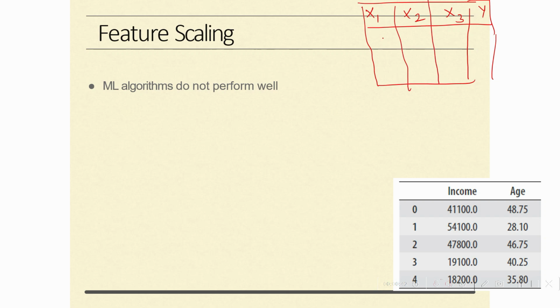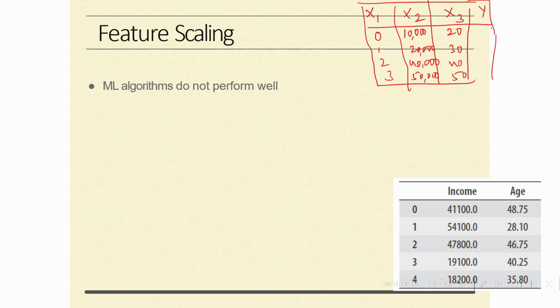Some are in the form of 0, 1, 2, 3, and some are high values like 10,000, 20,000, 40,000 and 50,000. And x3 is in the form of 20, 30, 40 and 50. We have different ranges of values.